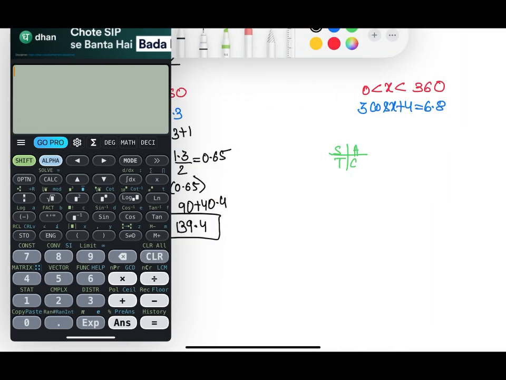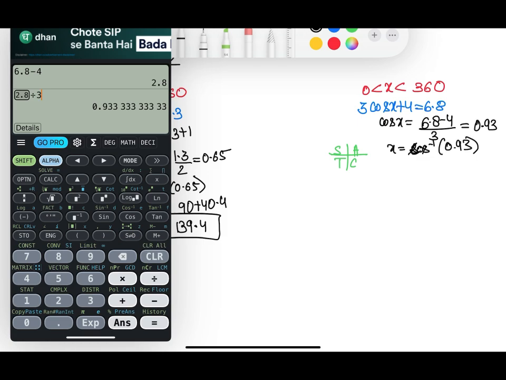For the second one, cos x will be 6.8 minus 4 over 3, which is 0.93. So x will be cos inverse 0.93. Because of that positive value for cos, it's going to be the first and the fourth quadrant.